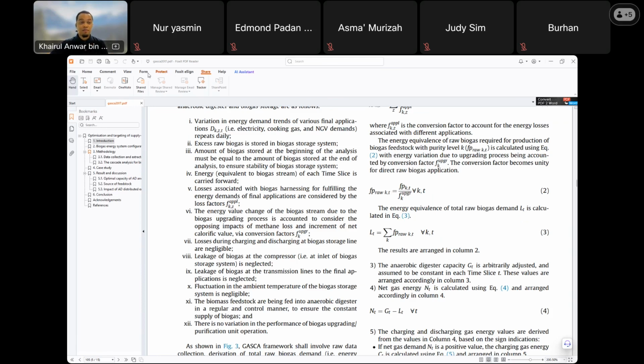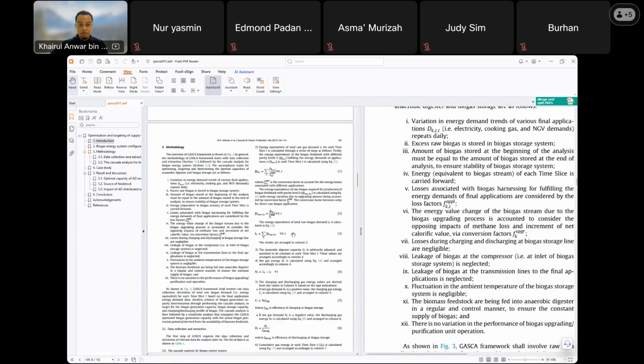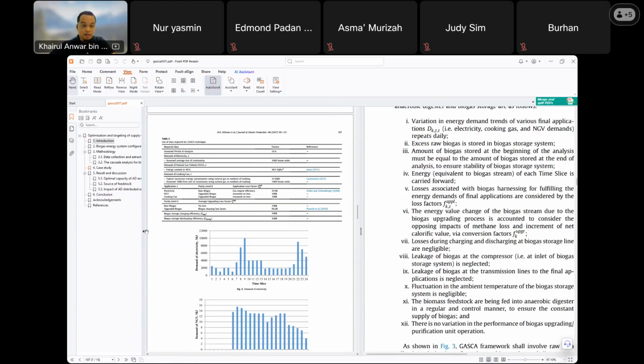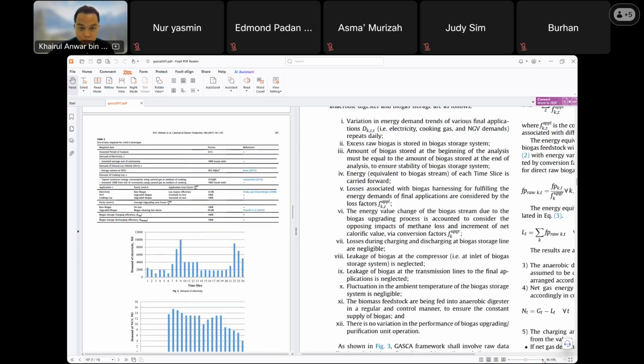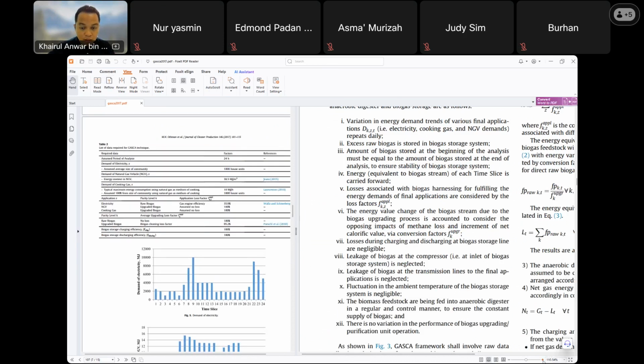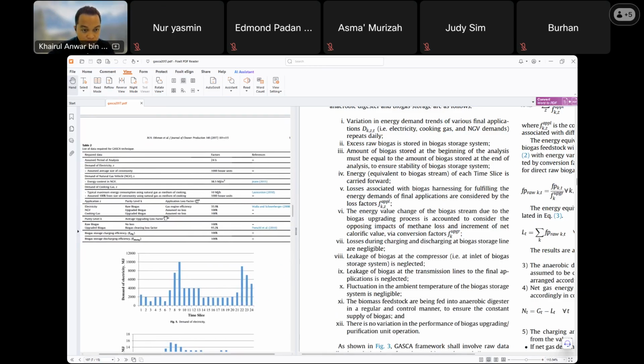Still in table 2, for F upgrade: raw biogas, no loss, 100%; upgraded biogas, the methane loss factor 95.2%.